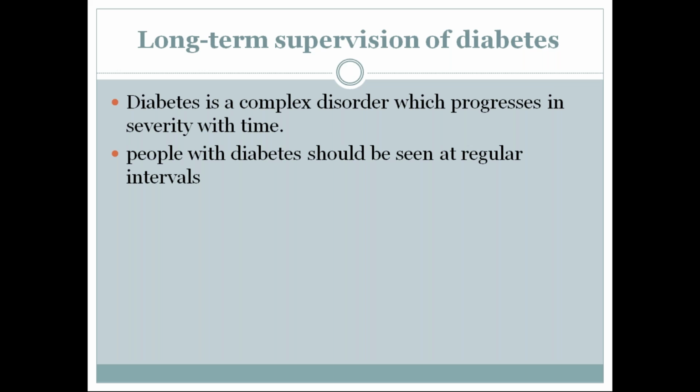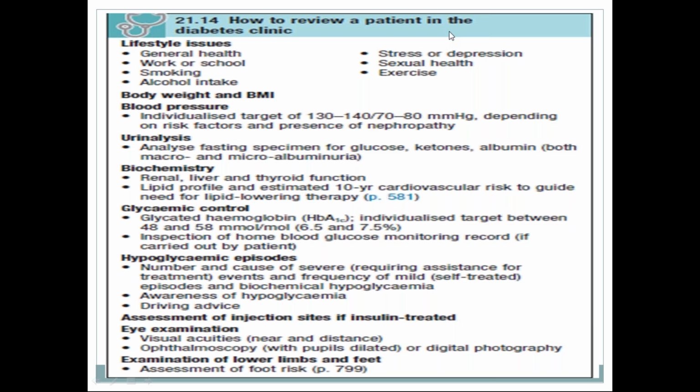The patient's glucose level should be monitored at a regular interval, that is, a one month or 2 month visit. When levels are normal, there is a decreased chance of microvascular and macrovascular complications. So how do you review a patient?